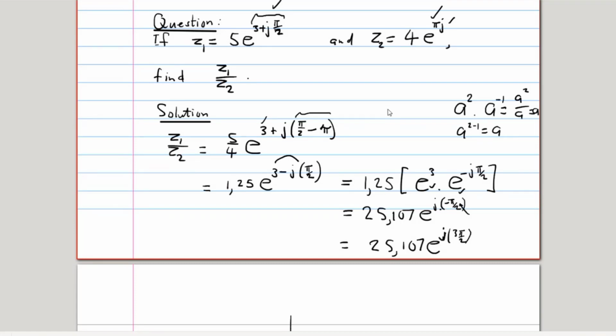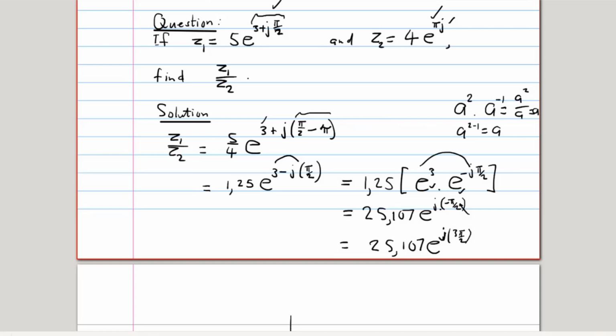But of course she insisted I must write this back in exponential form. So I needed to have e to the theta j, but then I had some other things, and then I said, okay, let me split that e cubed into 2 factors, keeping in mind the laws of exponents.